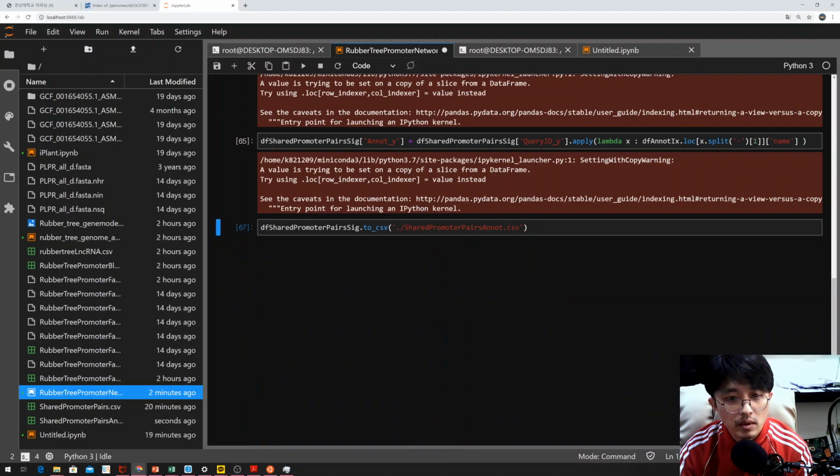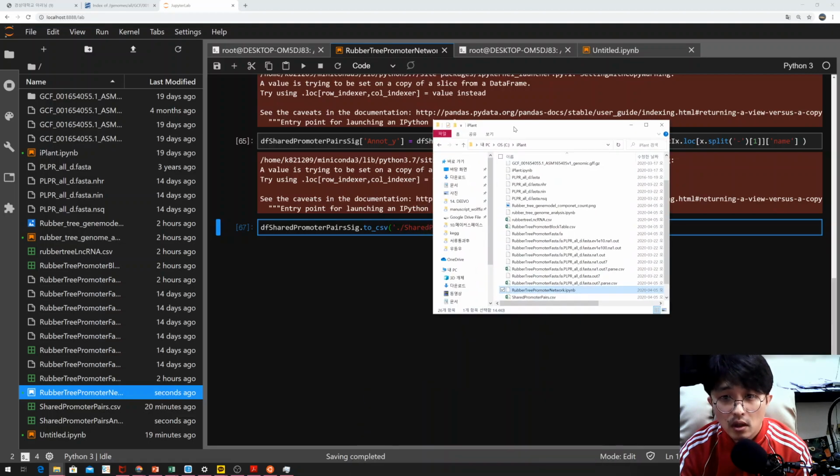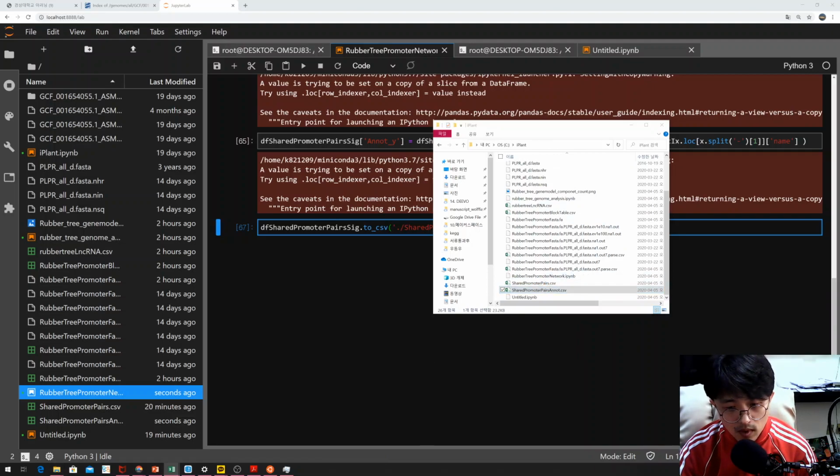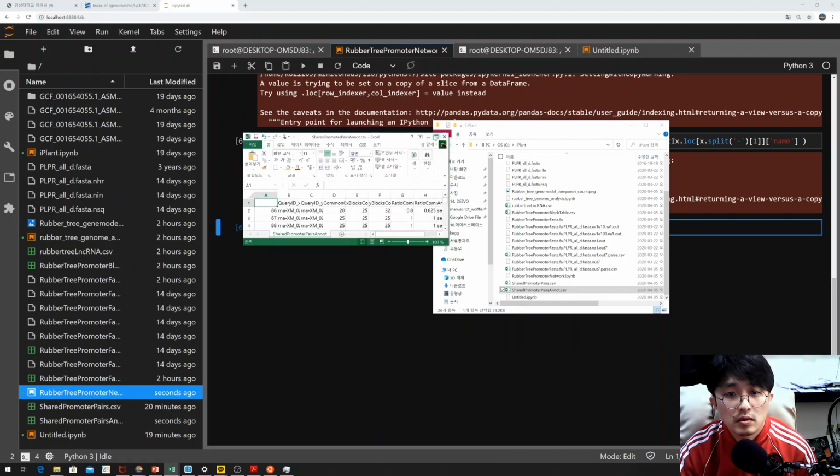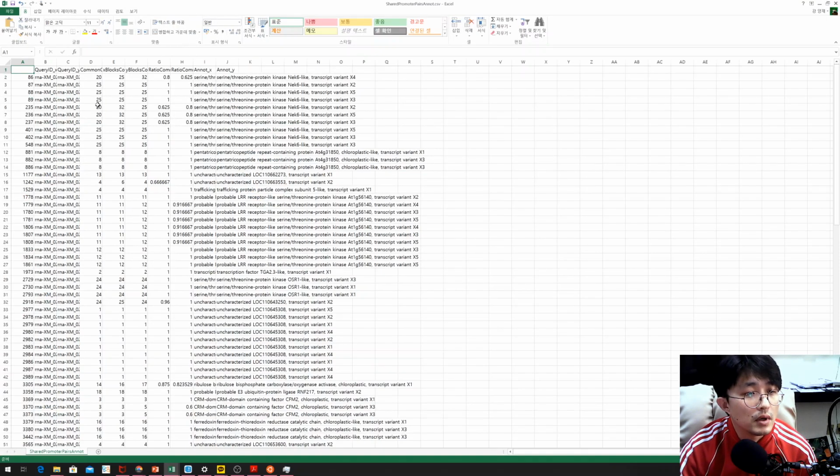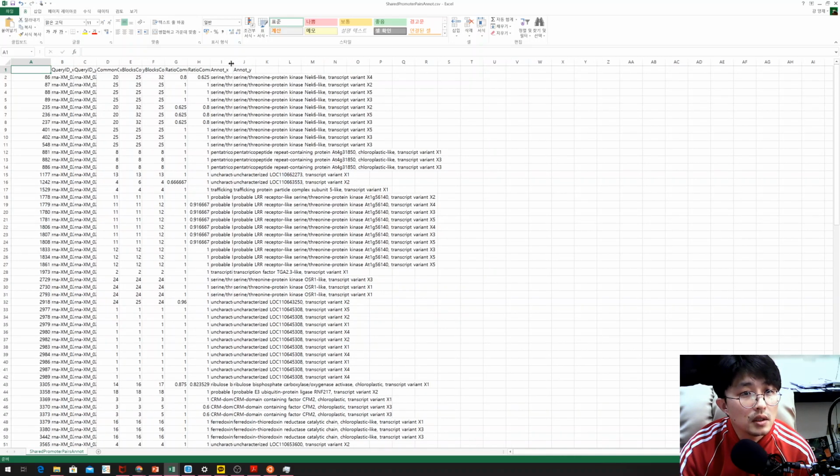Let's remove everything here, and I will check. Going to the folder I planned, annotation. So if you check using this large form of Excel sheet, then it will give you more insight.